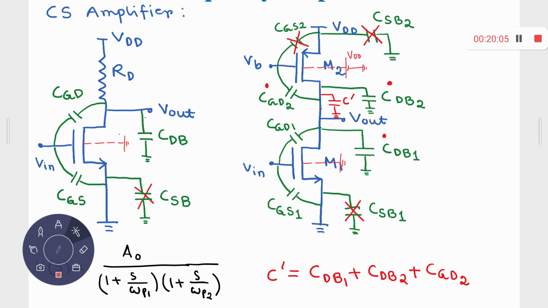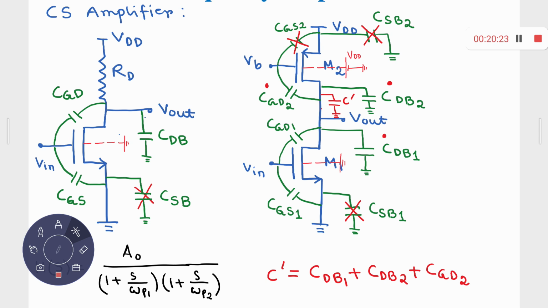What is that? 1 minus A times CGD1. So these two capacitors are in parallel. So what is the effective capacitance? Nothing but the summation.